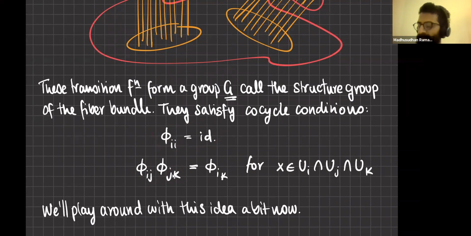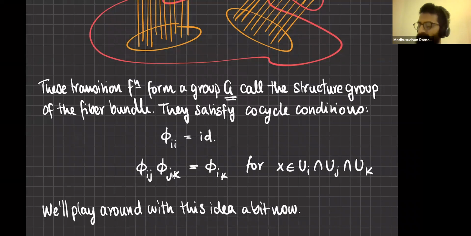When I have just phi ii, from Ui to itself, it's just the identity map, right? And when I have a three-way intersection of sets, then phi ij, phi jk should be phi ik. Okay.